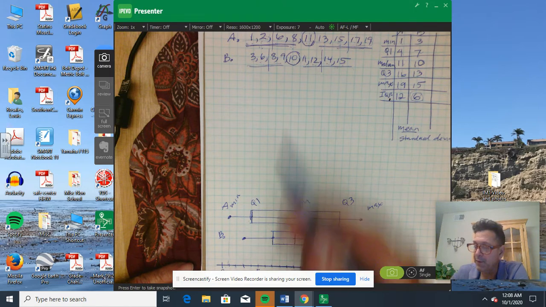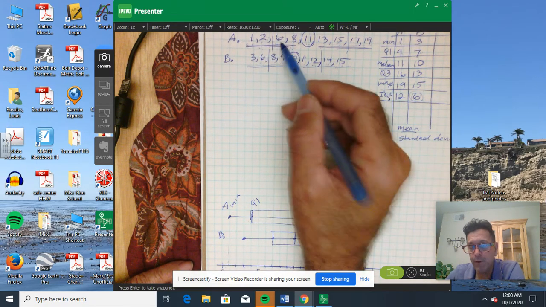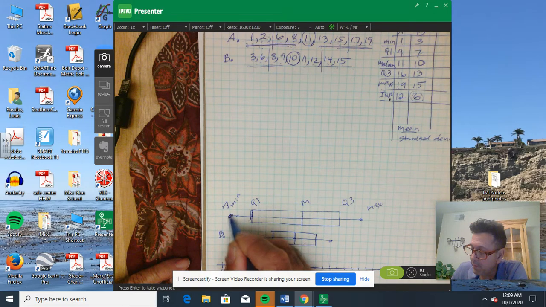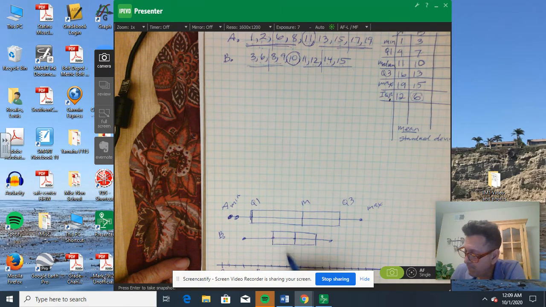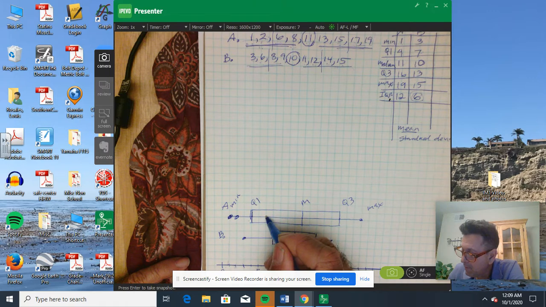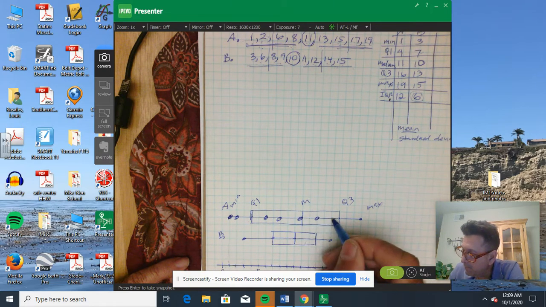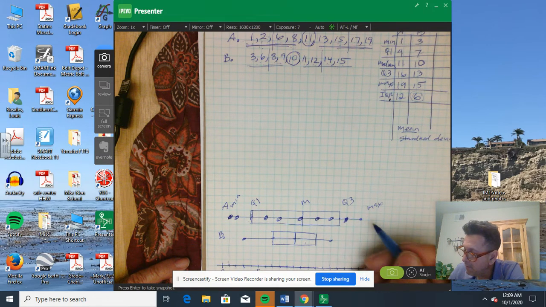So to illustrate that, for each one of these points, I'm going to put a point along the line. So 1, we need a point there. 2, 6, 7, 8, 11 right there, 12, 13, 14, 15, 16, there's no number there, so 17, and then 19.